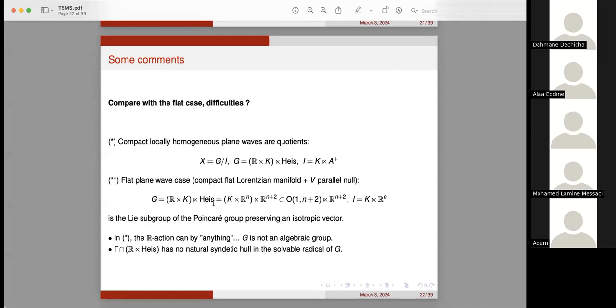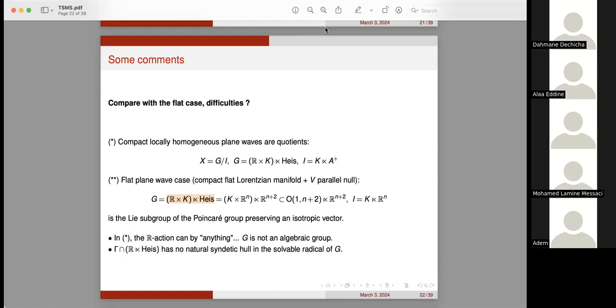In this case, J is exactly this group here, where K here is the full orthogonal group. So this situation can be compared. This situation is already done in the result by Goldman and Fried. And we know that in this case there is a synthetic hole.